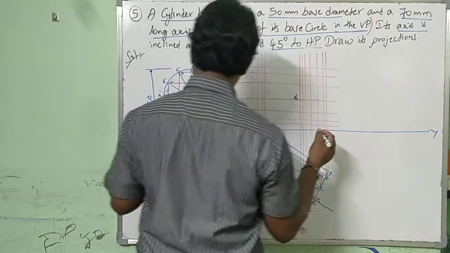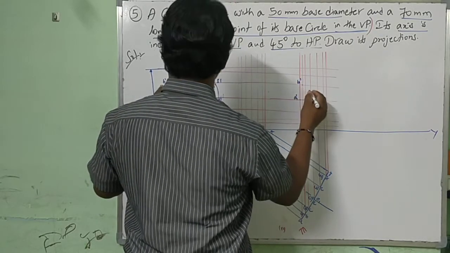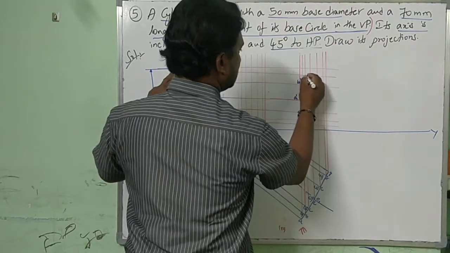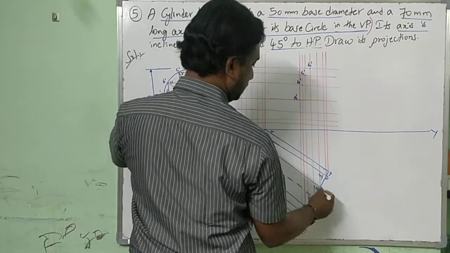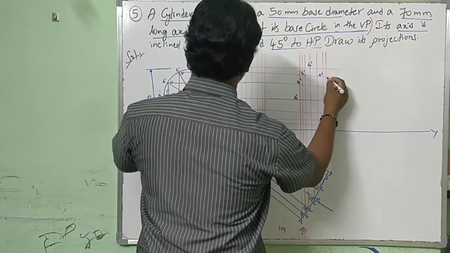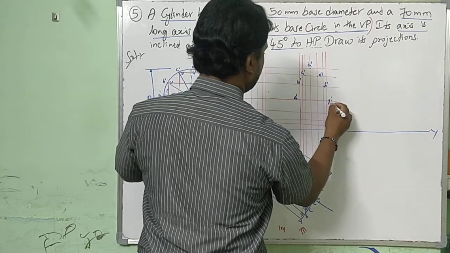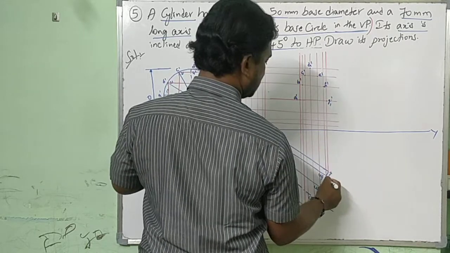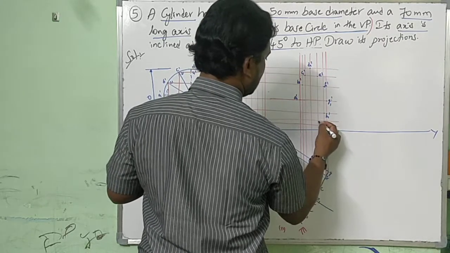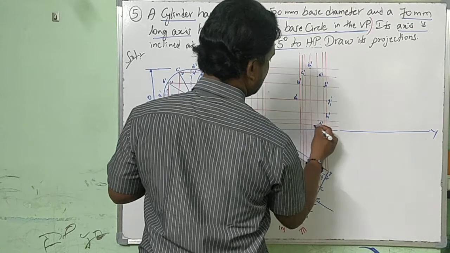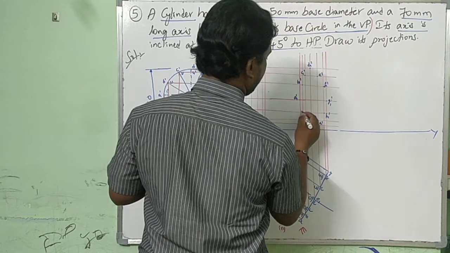New place, so A1 dash, B1 dash, C1 dash, D1 dash, E1 dash, F1 dash, G1 dash, H, I, J, K, L1 dash.